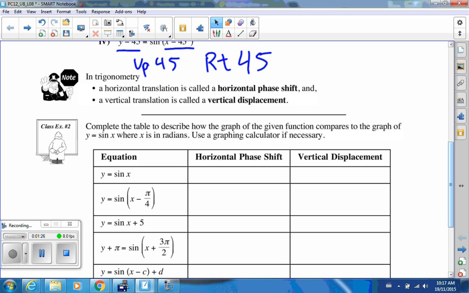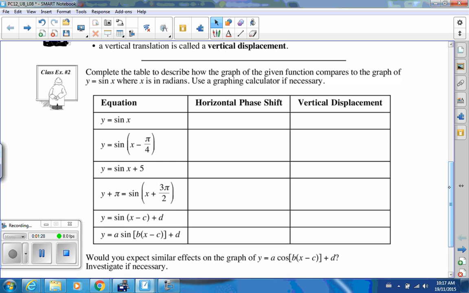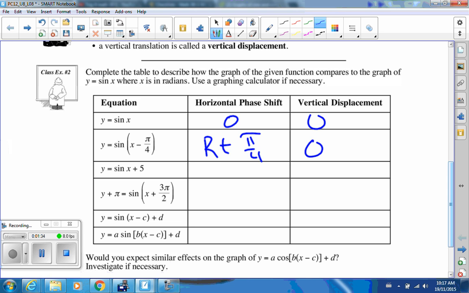Okay, so this thing is 0 and 0, right pi quarters, 0, 0, up 5. This is going to be down, sorry, this is my left 3 pi halves, and this is going to be down pi.